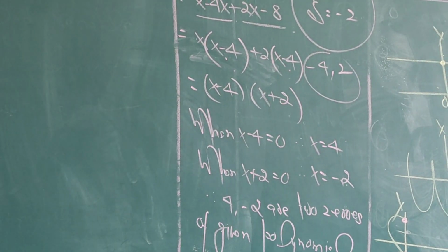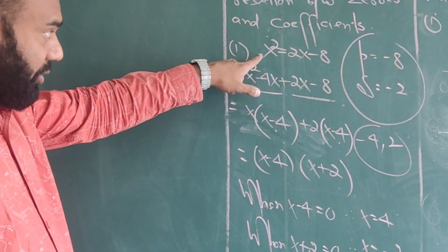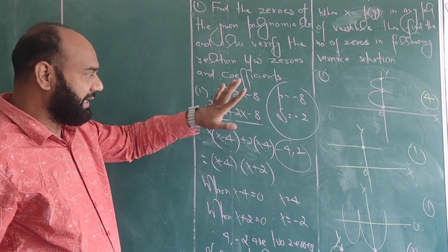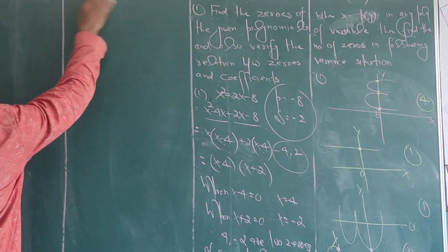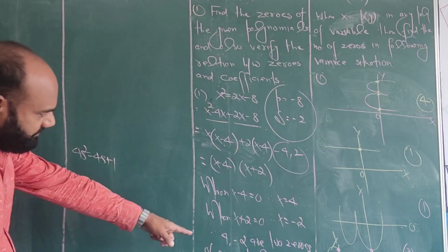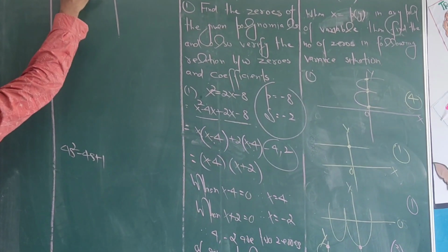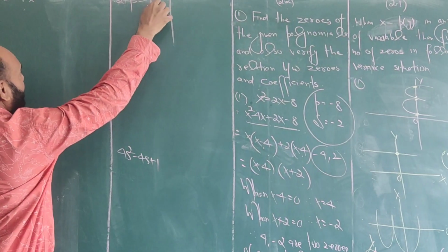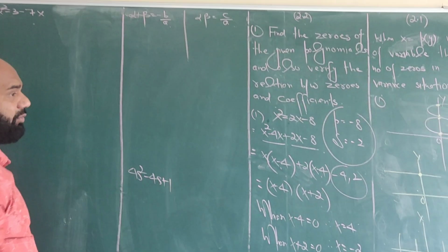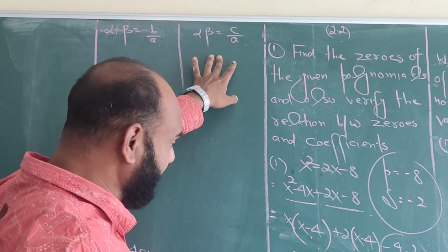Now we find the relation between zeros and coefficients. In this polynomial, the coefficient of x square is 1, the coefficient of x is minus 2, and the constant term is minus 8. The relation is alpha plus beta is equal to minus b upon a, and alpha into beta is equal to c upon a. That means sum of roots equals minus b upon a and product of roots equals c upon a.